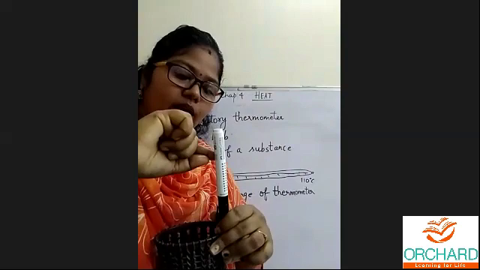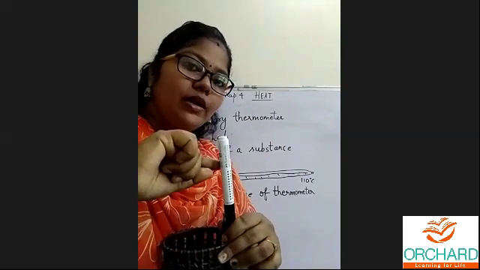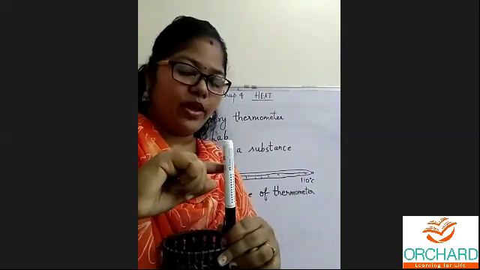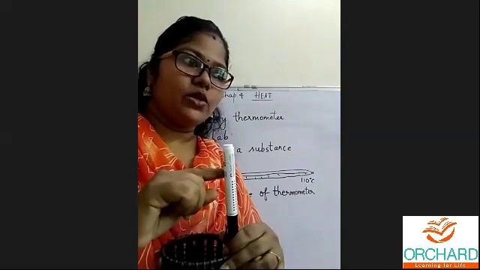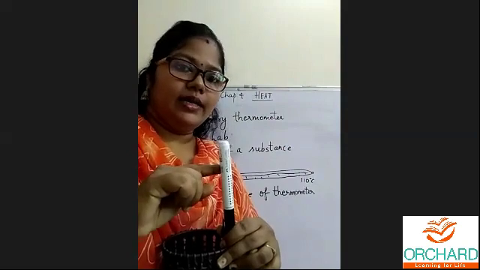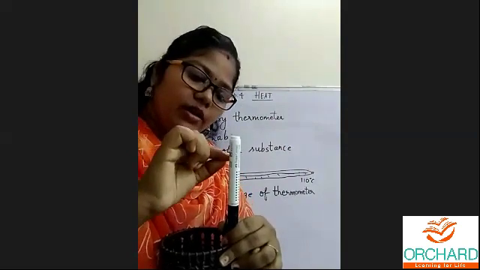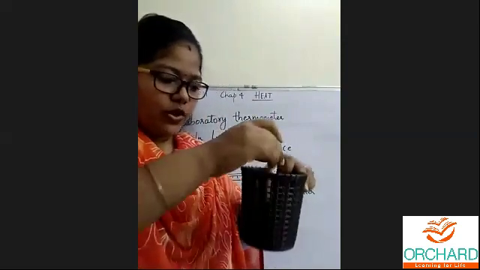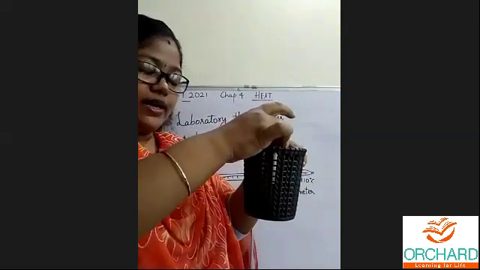Okay, and it will come and stop in a point which will determine the degree of temperature. So example, if the temperature is 100 degrees Celsius, the mercury will come and stop in 100 degrees Celsius. So when you hold it like this, you can tell, yeah, it is 100 degrees Celsius.